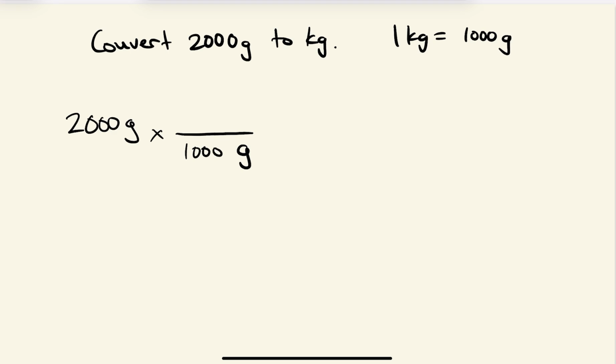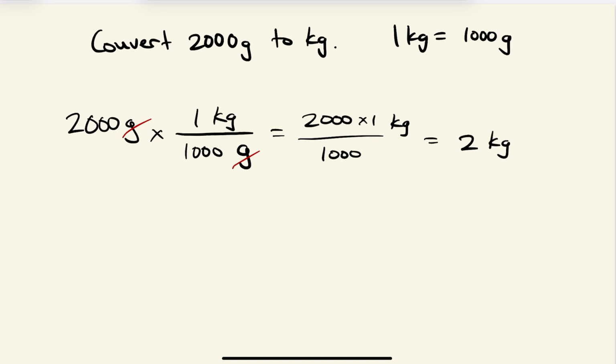So I'm going to fill this out with 1,000 in the denominator and 1 kg in the numerator, like so. And when I do this, my units of grams will cancel out, which simplifies to 2,000 times 1 kg over 1,000, which simplifies to 2 kgs or 2 kilograms.